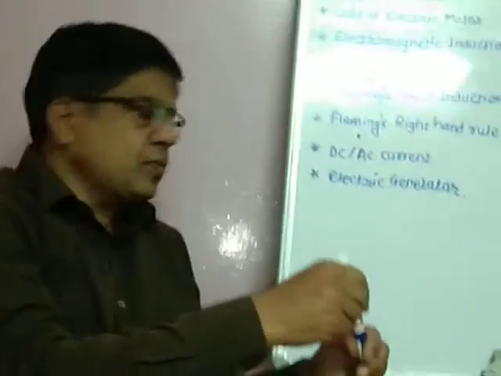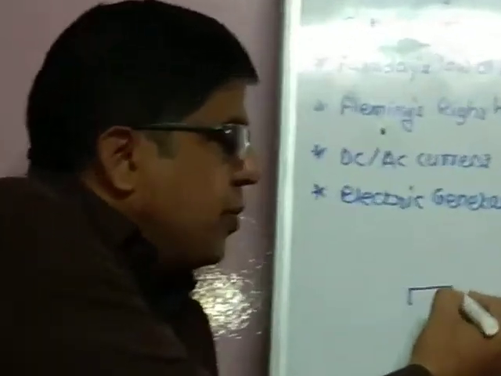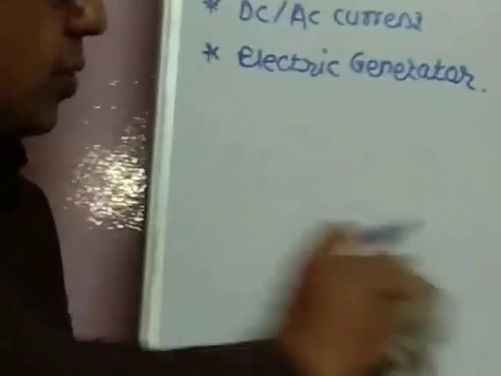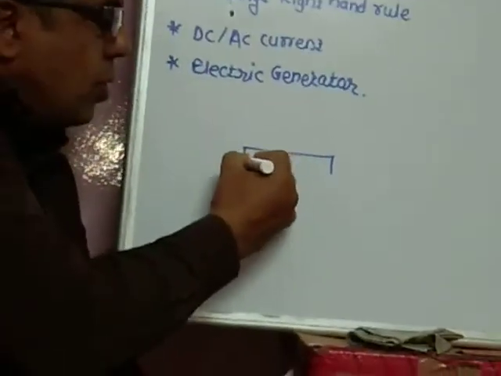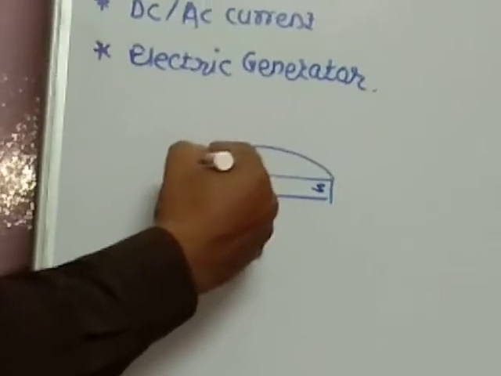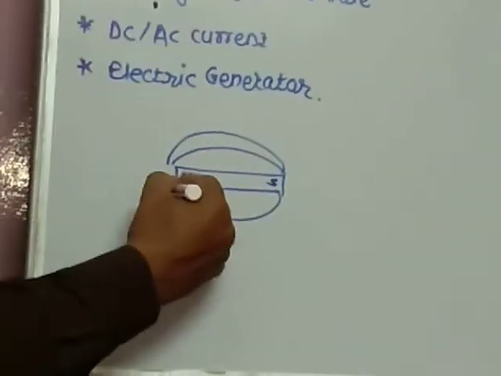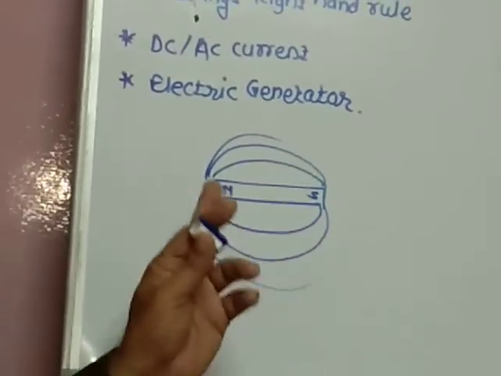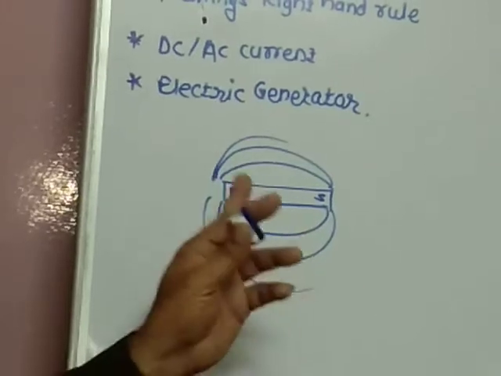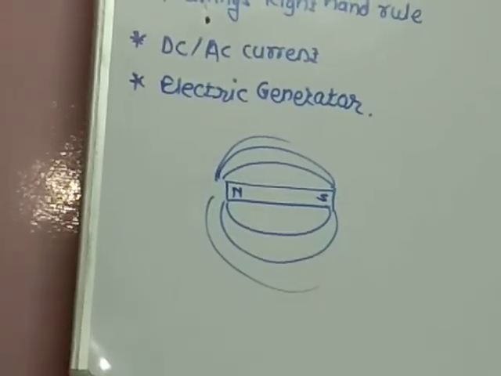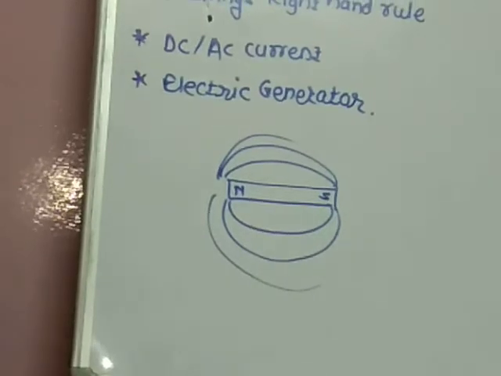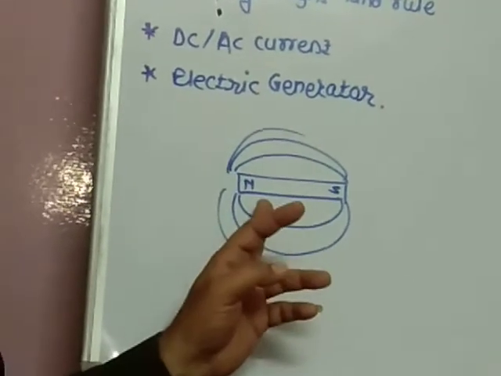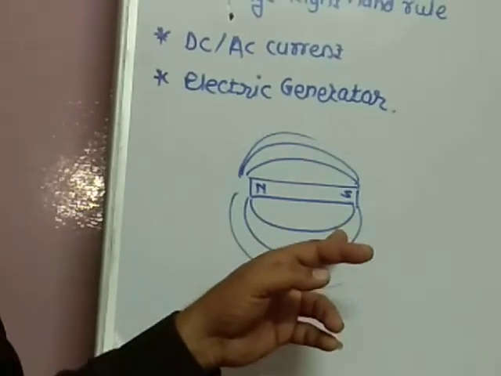Like this. Suppose this is a conductor. This is north and this is south, with magnetic lines of force. Whenever the number of magnetic lines of force passing through the coil changes, the current is induced in the coil.